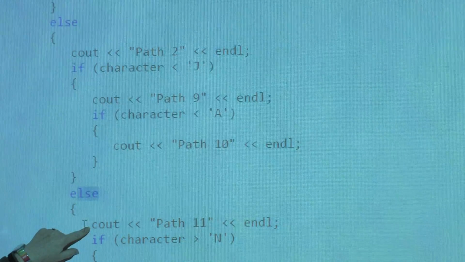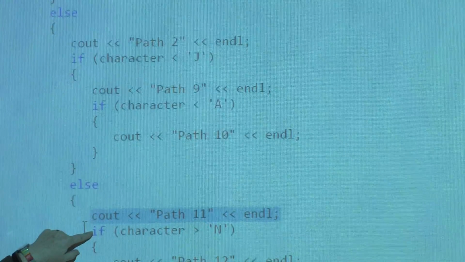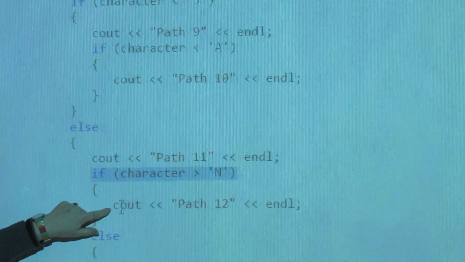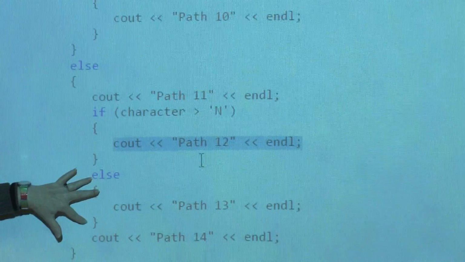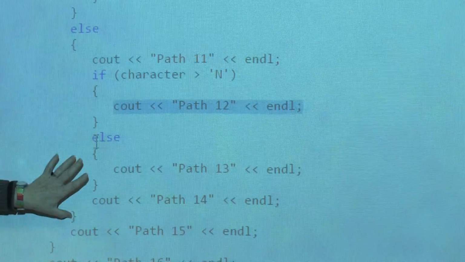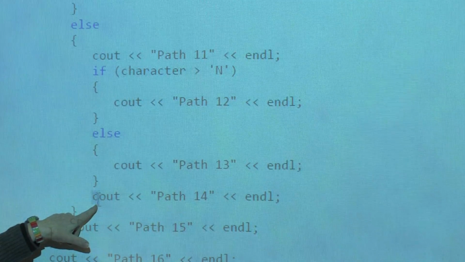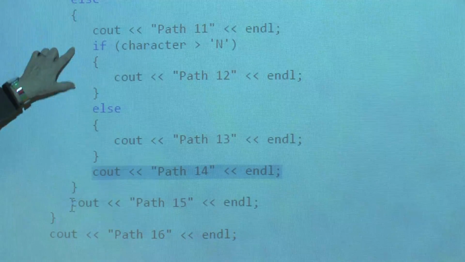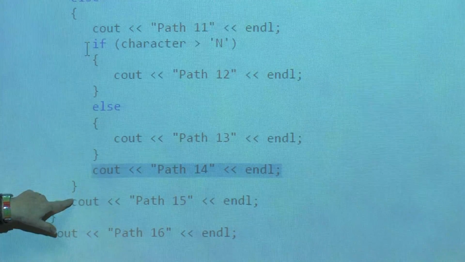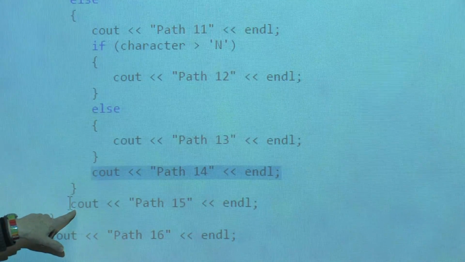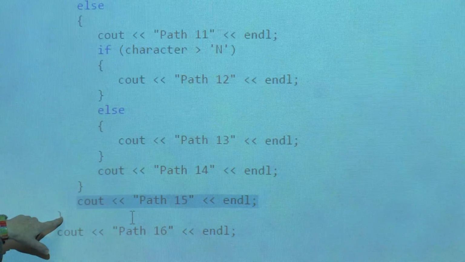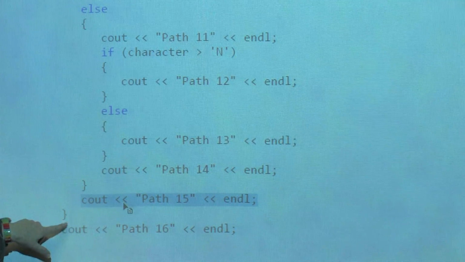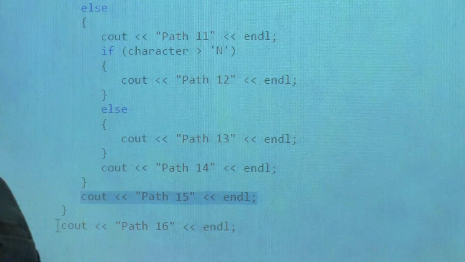So we output path 11. Is a P greater than N? Yes. So we output 12. We skip this else, but since it's hugged in these braces, we're going to output path 14. That completes the else of if it's greater than J, and now it's going to output path 15. That completes the else of if the character is greater than P, so it's going to output path 16.